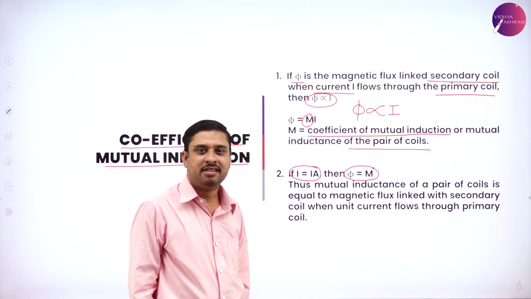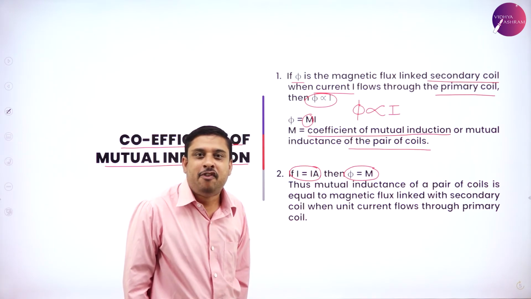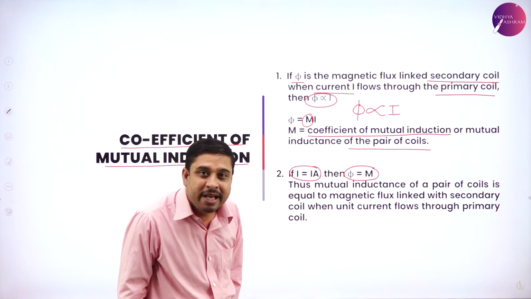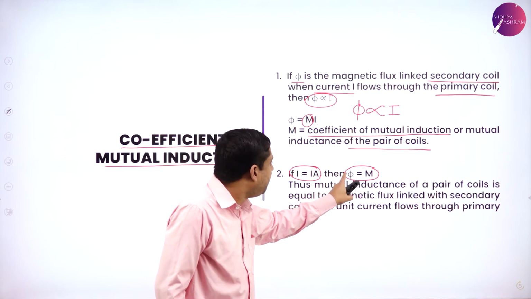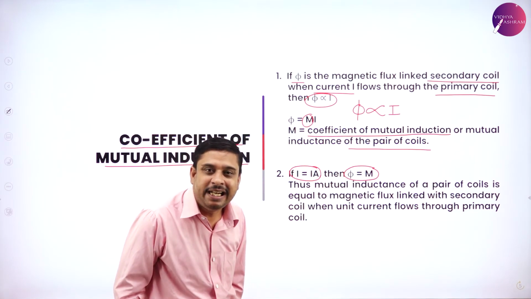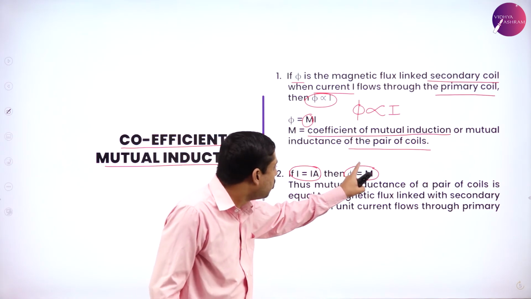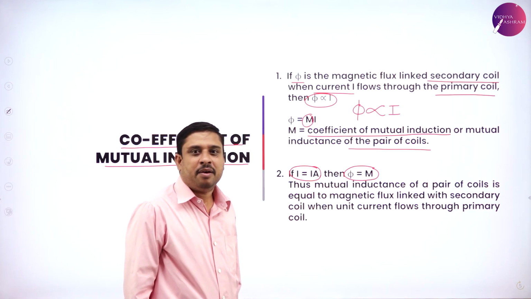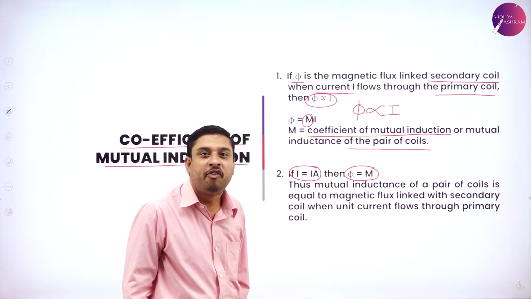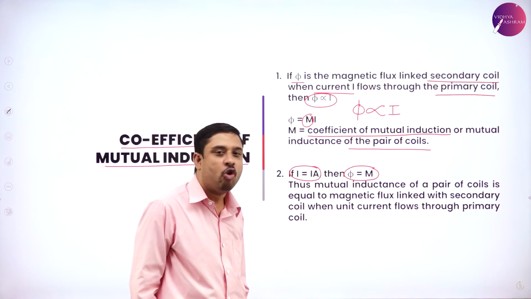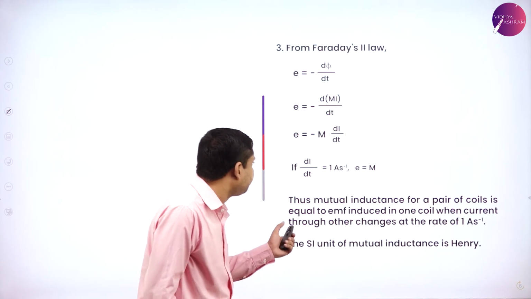Please understand, only when the current flowing through the primary coil is 1 ampere, flux across the secondary coil is equal to M. So mutual inductance between a pair of coils becomes equal to phi when the current flowing through the primary coil is 1 ampere.